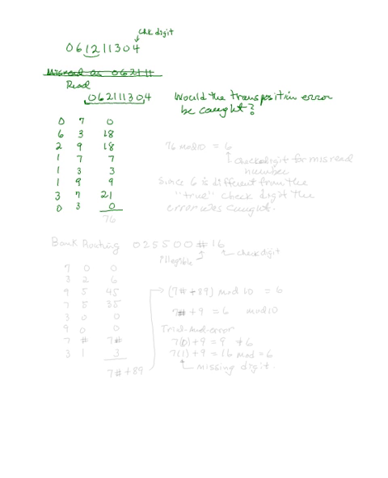And then I find the total. And the total is 76 this time. And then if I do 76 mod 10, I'll get 6. So this would be the check digit for the misread number.